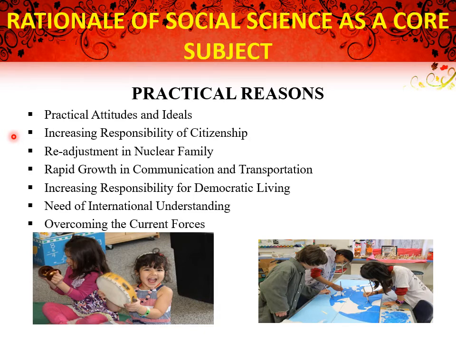With the adoption of democratic form of government in India, the task of schools in general and social science education in particular has become increasingly greater for realization of the aim of creating responsible citizens. Third one is readjustment in nuclear family.